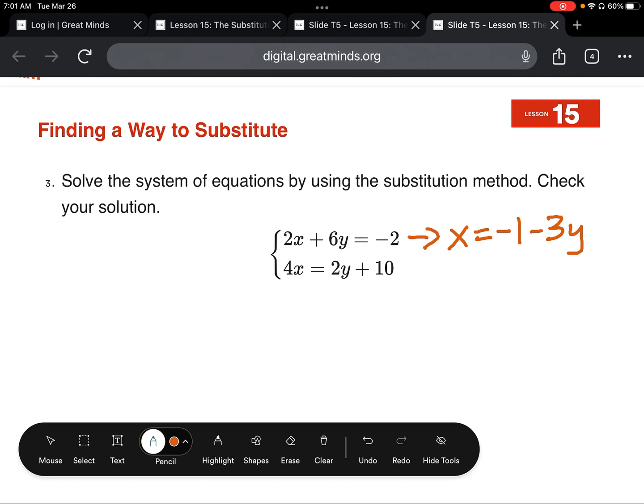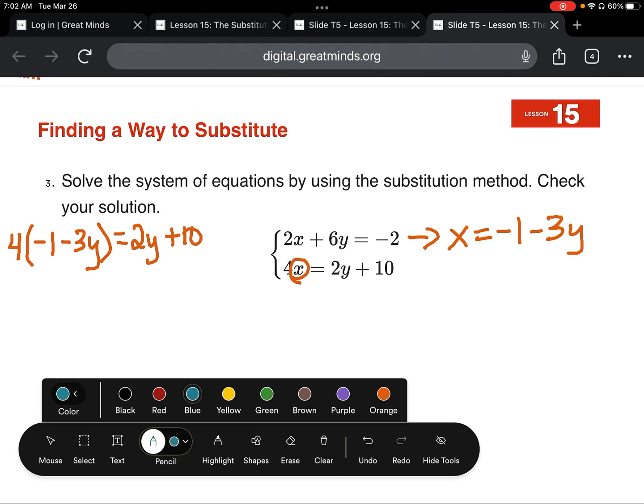And this is what I'm going to put into this equation for x. And again, you could have done it a different way. So 4 times x, but instead of writing x, -1 minus 3y equals 2y plus 10.